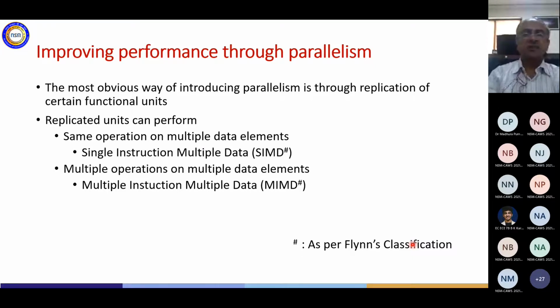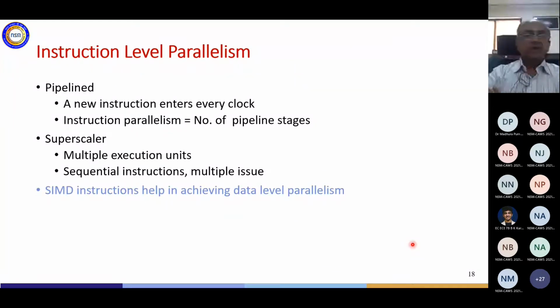So parallelism is the key now for improving performance, because we acknowledge the fact that we have increased the width, increased the clock, and we have no more scope for that. There are a couple of things that can be done. In the morning you studied pipelining, where a new instruction enters every clock, and the number of pipeline stages is how much parallelism is available to you. The other thing you studied in the afternoon session was superscalar.